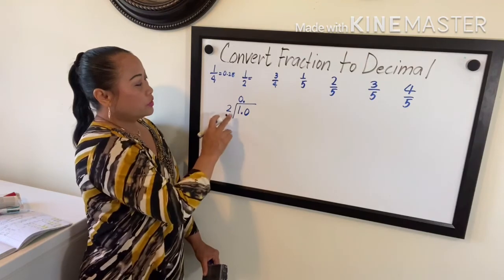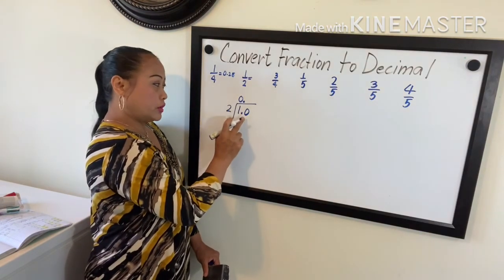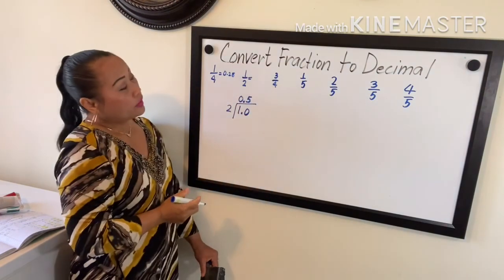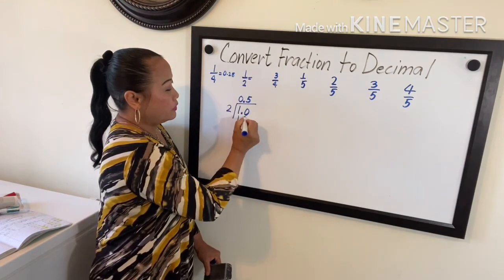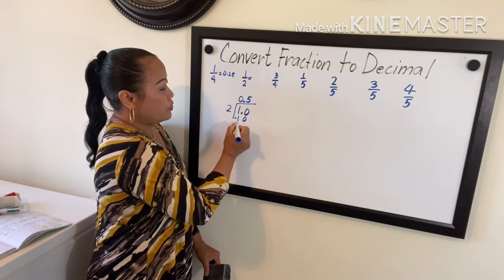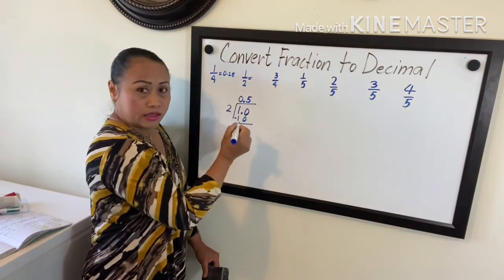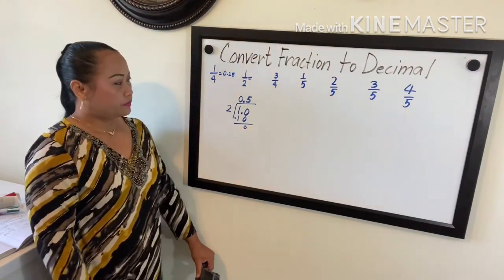Okay, so 10 divided by 2, or how many 2 goes to 10, is 5. Then 5 times 2 is 10. Now we will subtract. 10 minus 10 is 0. Okay?